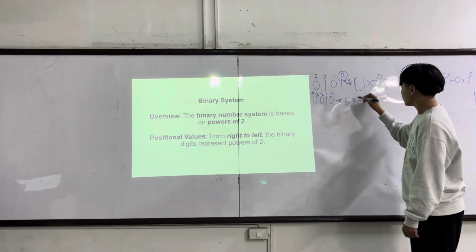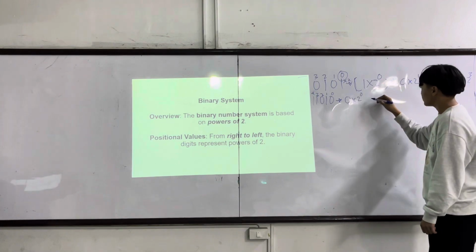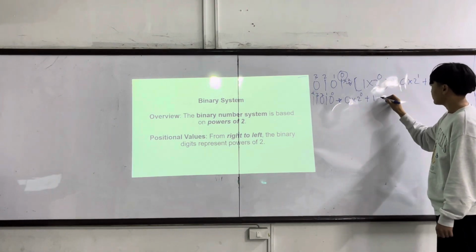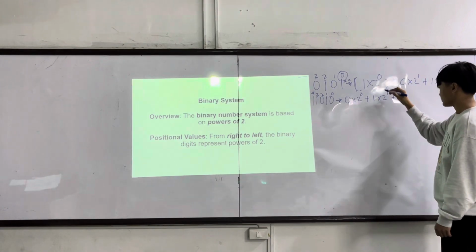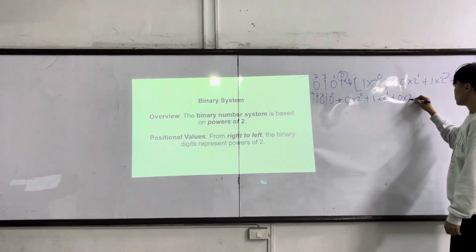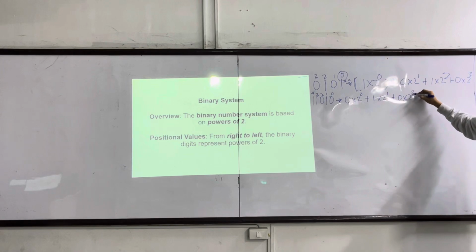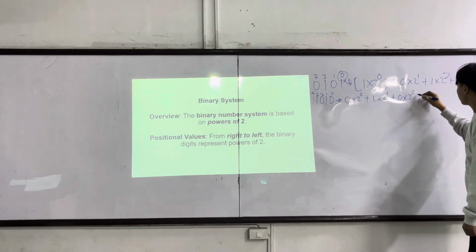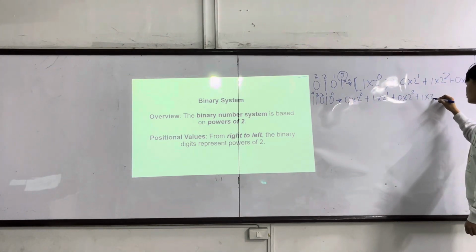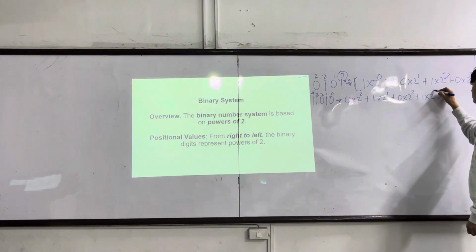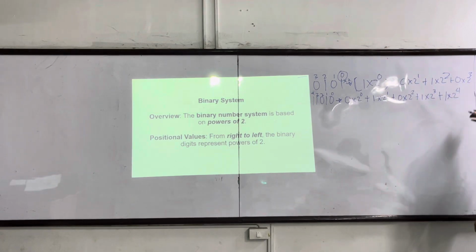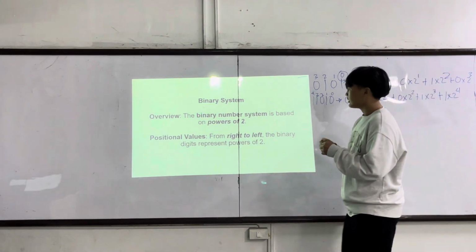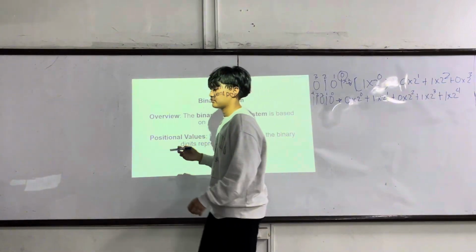So 0 times 2 raised to 0, plus 1 times 2 raised to 1, plus 0 times 2 raised to 2, plus 1 times 2 raised to 3, and lastly plus 1 times 2 raised to 4. So that is the binary system.